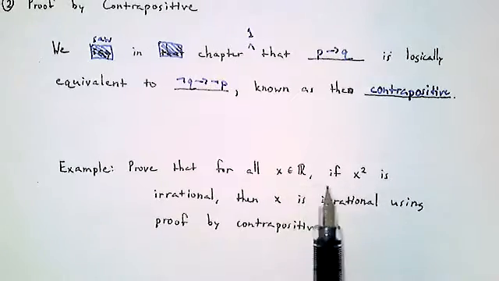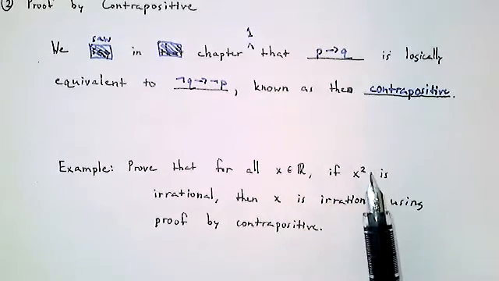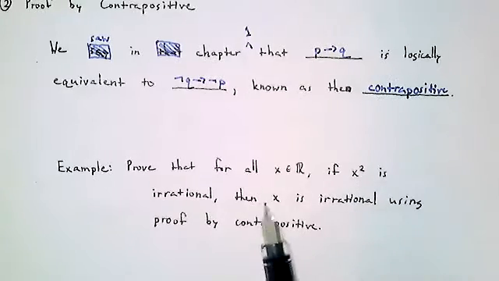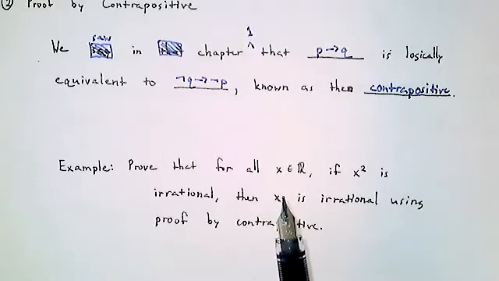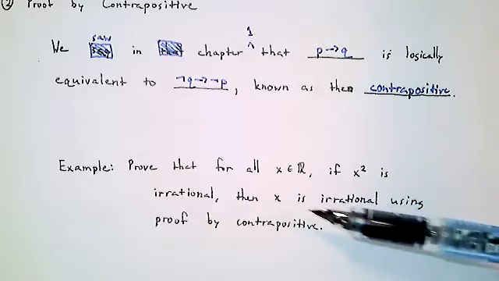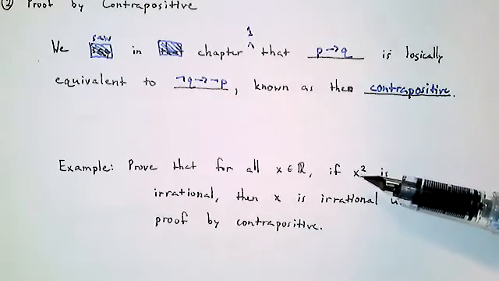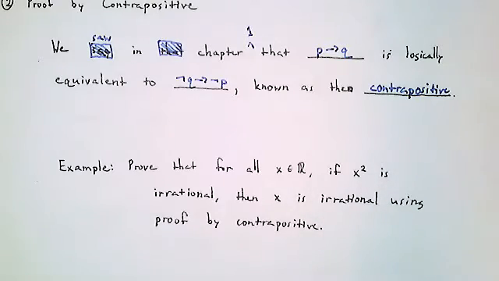The problem with conditionals like this is that if we started at this point with x squared, then we would have to somehow take a square root in order to talk about the number itself. But as you know from algebra, taking square roots can sometimes make things more challenging. So it's better, or at least easier, to start here with x and then multiply it by itself to get x squared. That's much easier than trying to take a square root.